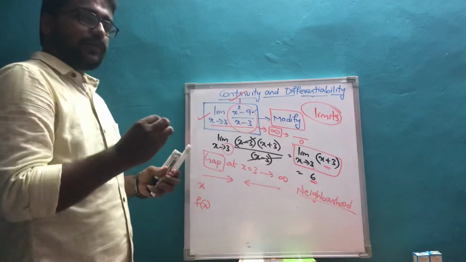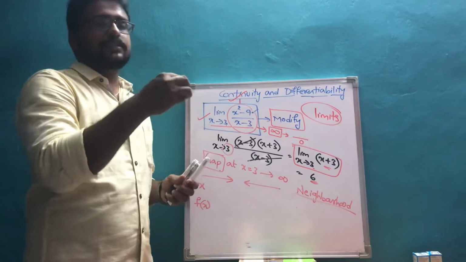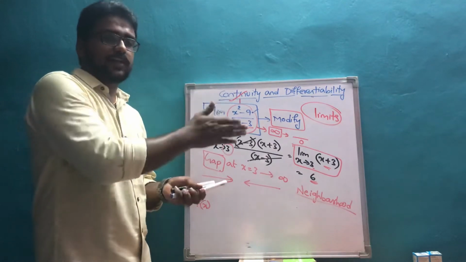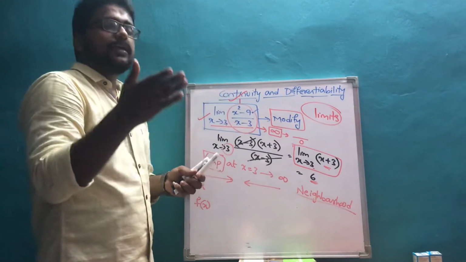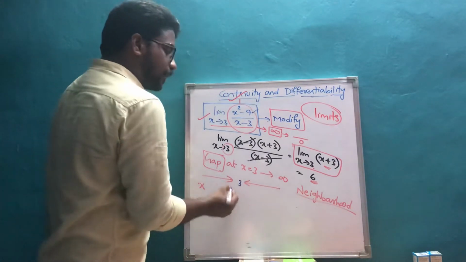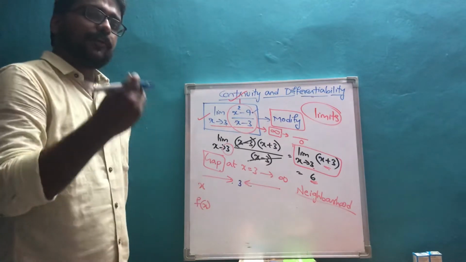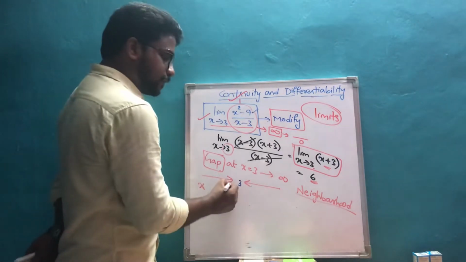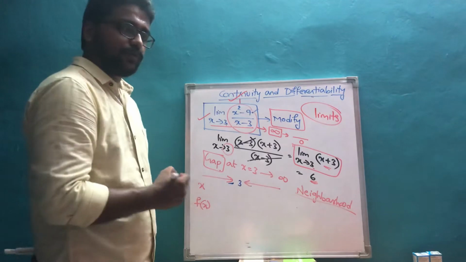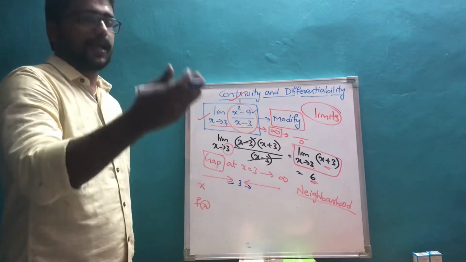Let us take your house as an example. The neighbor can be on the left side or even on the right side. In a similar way, for the number 3, the neighbor can be on the left side or on the right side also. If you are taking the values from the left side, it is called the left neighborhood. If you are taking values on the right side, it is called the right neighborhood.